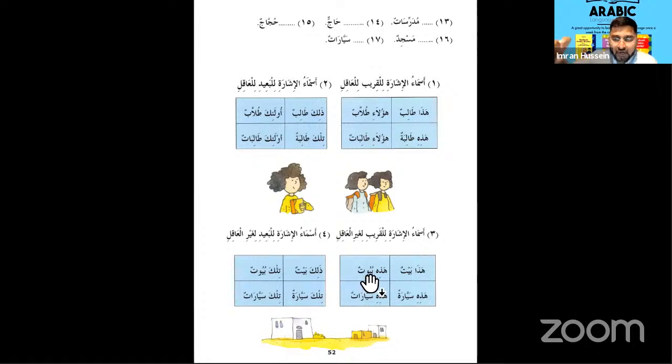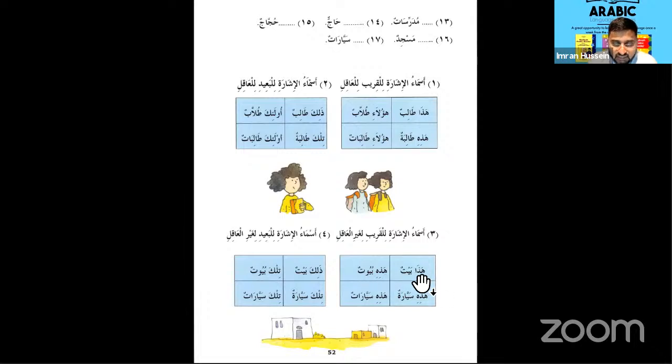So all of the plurals of non-living or non-human beings are treated as singular feminine. Whatever word is used in the singular, whether it's tilka or hadihi, that will be used in the plural of these غير عاقل itself. So hada baytun, buyutun becomes singular feminine, and in the singular feminine we normally use hadihi. That's the reason we're using hadihi buyutun.